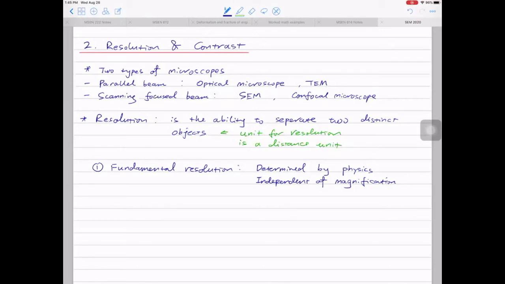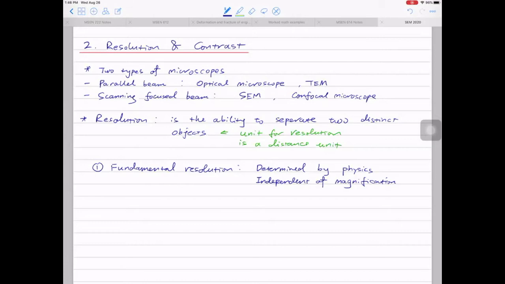But if I get closer, which means if I increase the magnification, gradually I can tell these are two students instead of one. But the fundamental resolution is independent of magnification. For example, using an optical microscope, no matter how far you zoom in or how much you increase the magnification, you cannot see a virus. So this is the fundamental part. Does this make sense? Any questions?